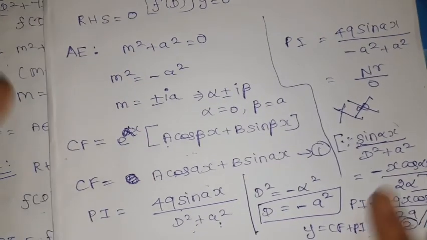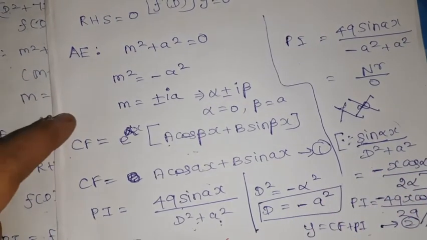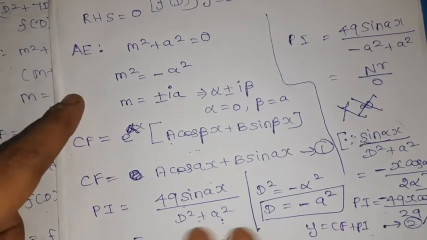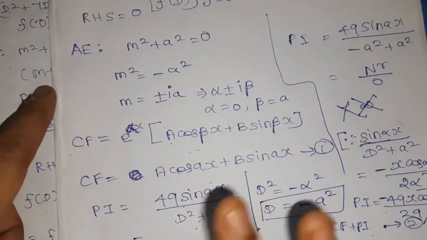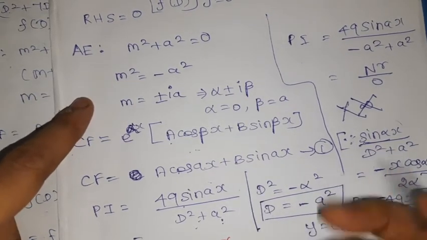We need to find the value of the particular integral for that function. So, what do we do when the denominator becomes 0? Multiply by x in the numerator.